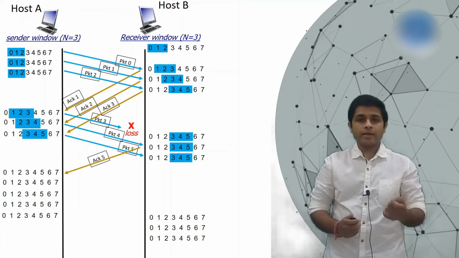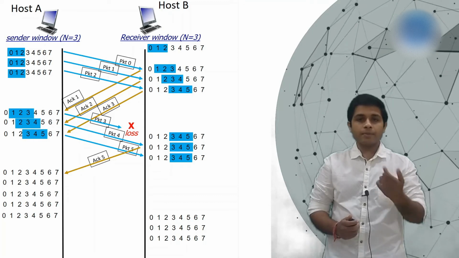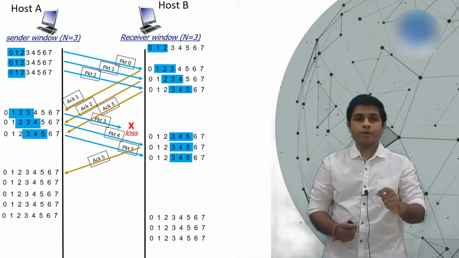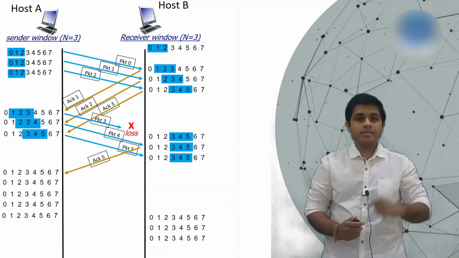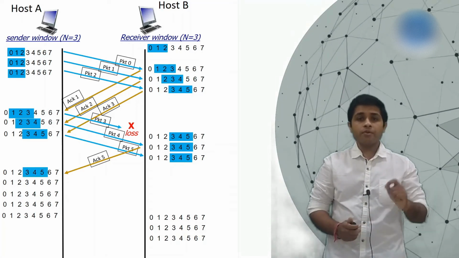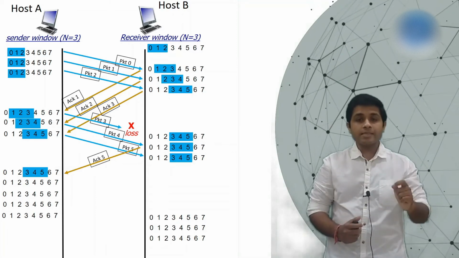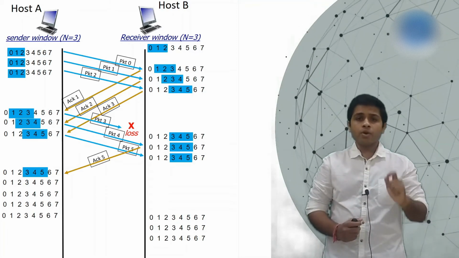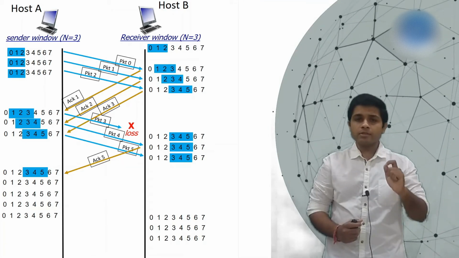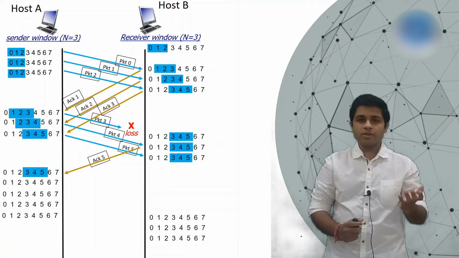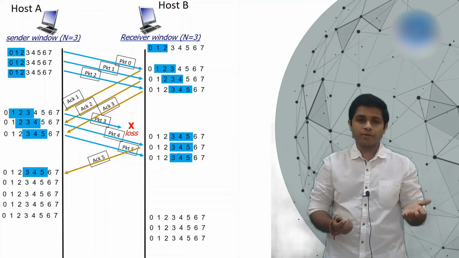So A will wait for the acknowledgement for the packets sent. We know that A will not get any acknowledgement for packet 3 because it is lost in the link, but it will get acknowledgement 5. As A receives acknowledgement 5, the window will not slide at the sender's side. But from ACK 5, A will know that packet 4 is received successfully, but A doesn't know what happened to packet 3.